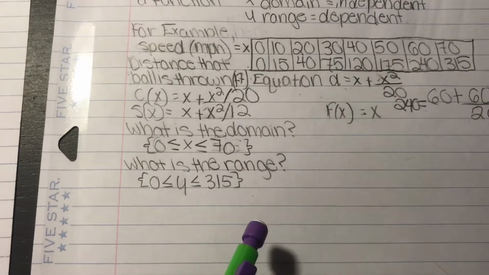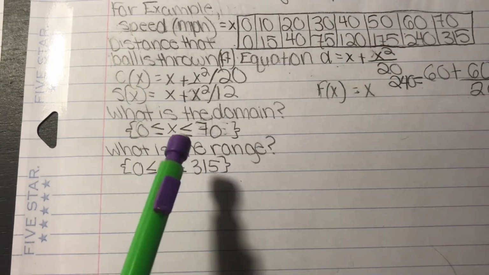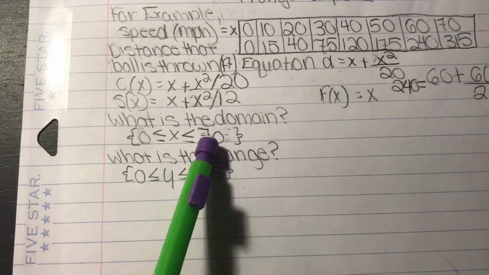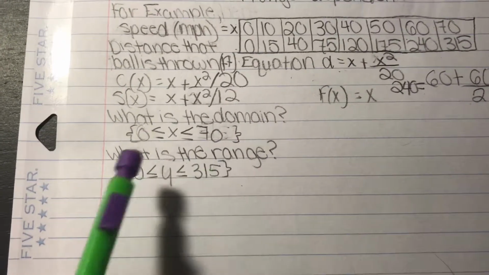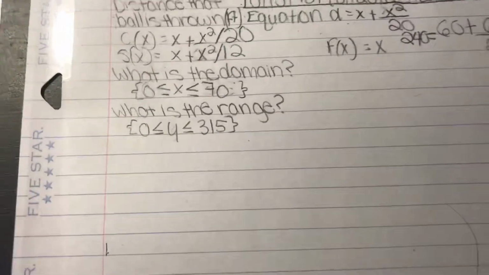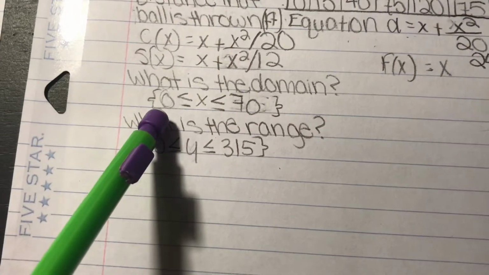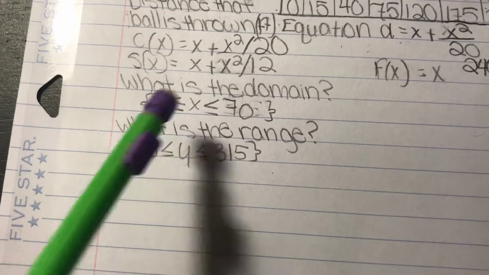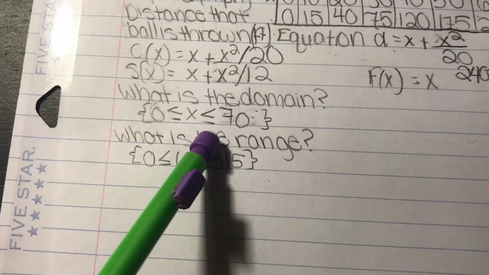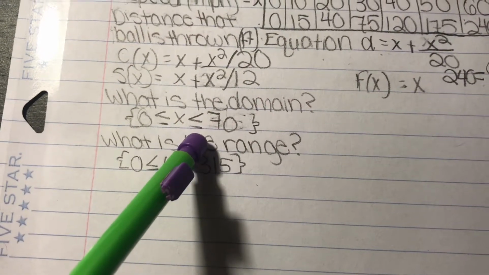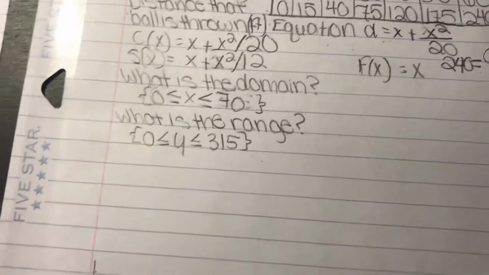You would put it in set builder notation, which would be a number, x, and another number in these little brackets. The domain for this ordered pair would be 0 is less than or equal to x, which is less than or equal to 70.